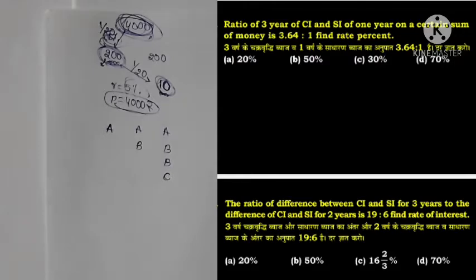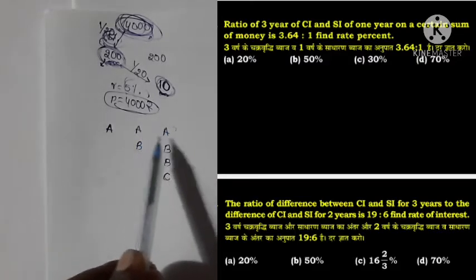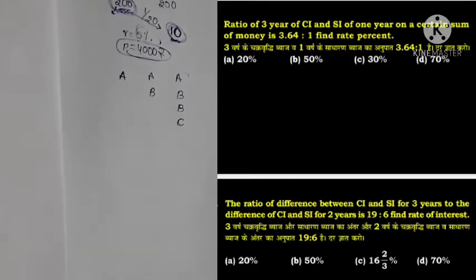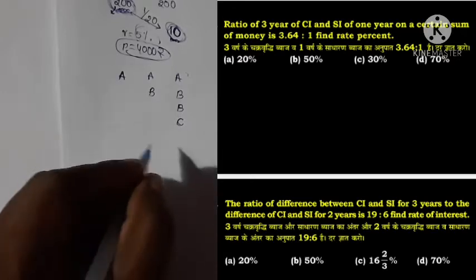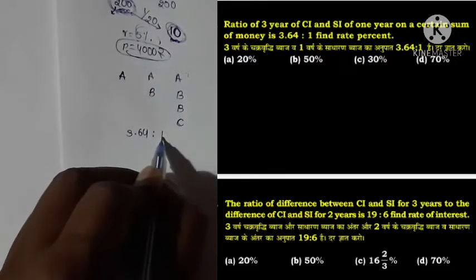the ratio of 3 years compound interest. So 3 years compound interest is 3A plus 3B plus C. The ratio of 3 years of compound interest and simple interest of 1 year on a certain sum of money is 3.64 is to 1.